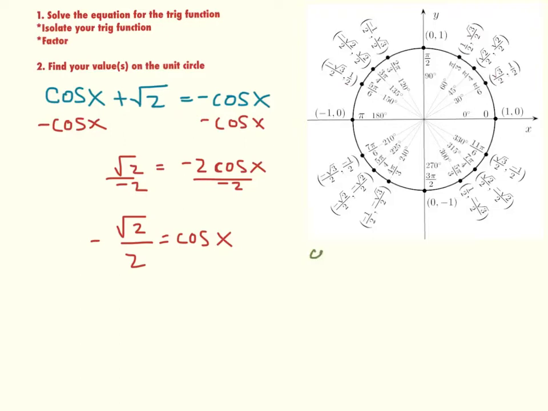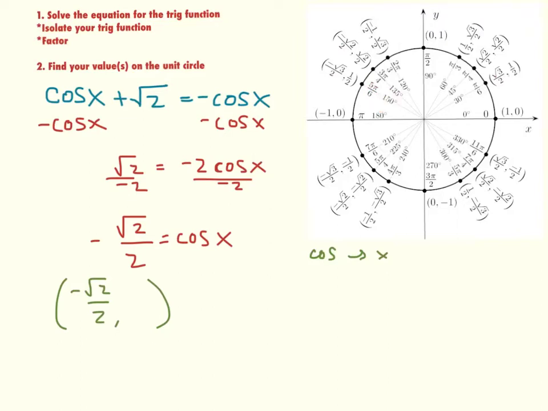We remember that cosines are the x coordinates. So I'm looking for any x coordinate of negative root 2 over 2. Going around the unit circle, I'm looking for any time this occurs. Negative root 2 over 2 in the x happens at 135 degrees.